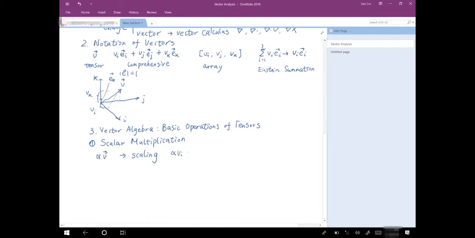So alpha v_i e_i plus alpha v_j e_j plus alpha v_k e_k. You can also write it in the other notations. For example, if we use the array notation, it's alpha v_i, alpha v_j, and alpha v_k. So that is scaling.